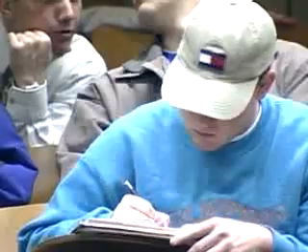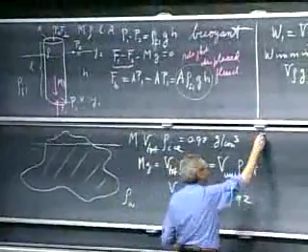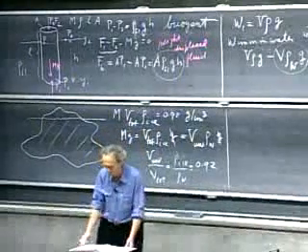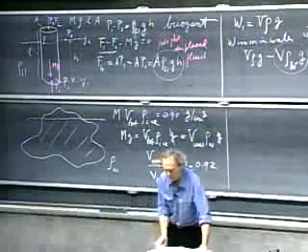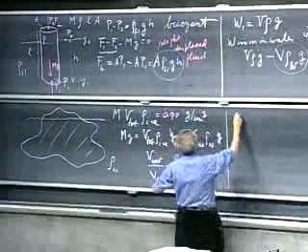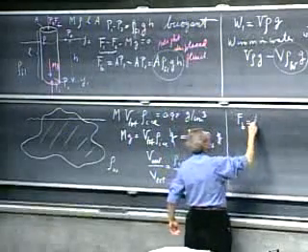I want to return now to my cylinder. And I want to ask myself the question, when does that cylinder float? What is the condition for floating? Well, clearly, for that cylinder to float, the buoyant force must be mg.